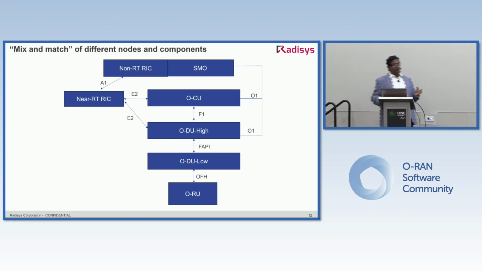And what it gives us is the ability to mix and match various different components from different open source communities. And we have tested many of these interfaces: E2, O1, the FAPI interface. We've been able to test the basic logic of open fronthaul, or the O-RAN fronthaul.